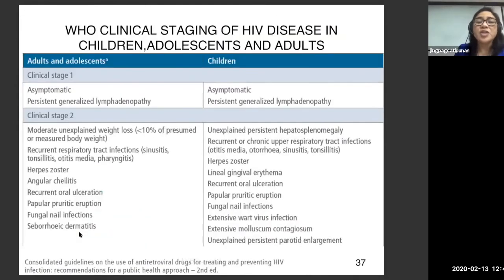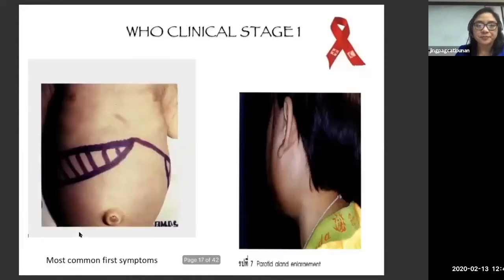In children, the staging for HIV disease is not that different from the adults, from clinical stage 1 and 2. In clinical stage 1, we usually see patients having hepatosplenomegaly or enlargement of the nodes.